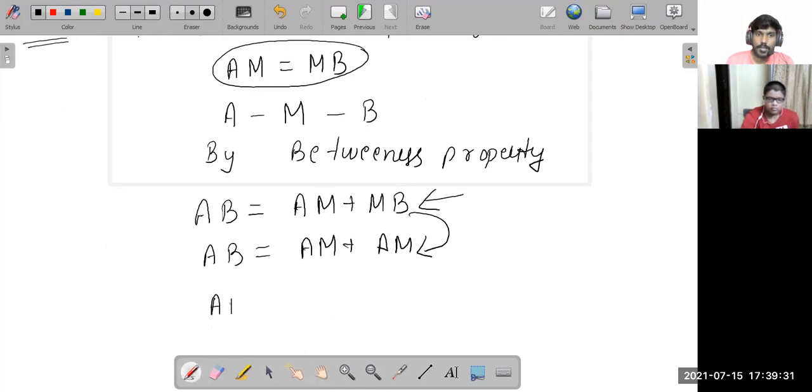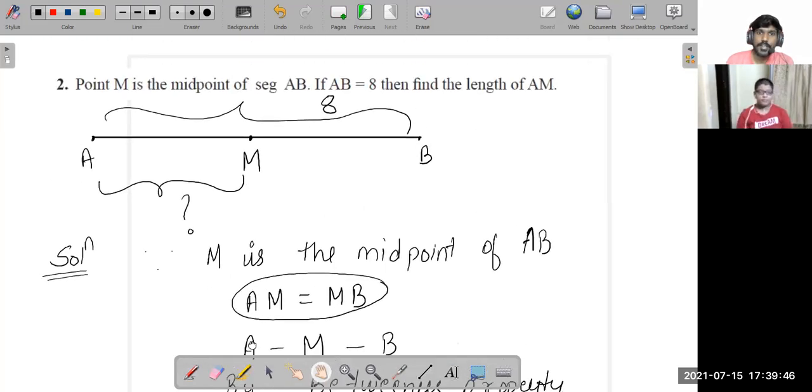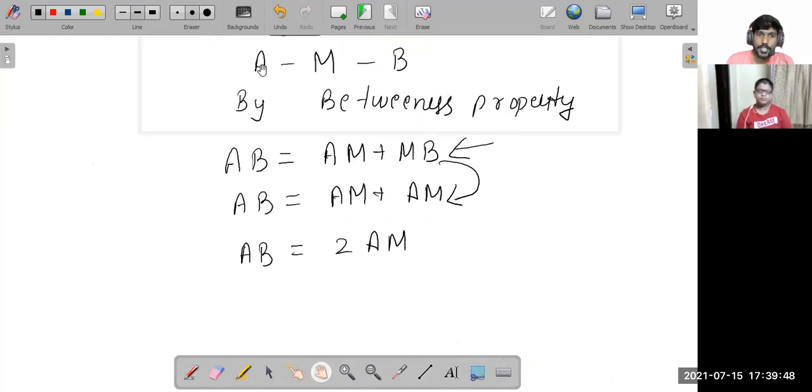So AB is equal to, what will be AM plus AM? 2AM. Correct, 2AM. When you multiply, it will become square. The length of AB is given in the question, 8. Substitute.